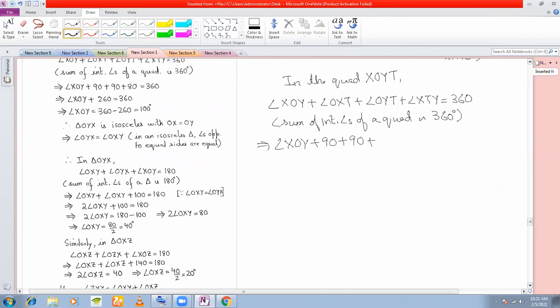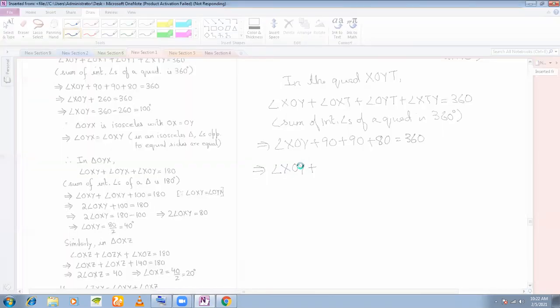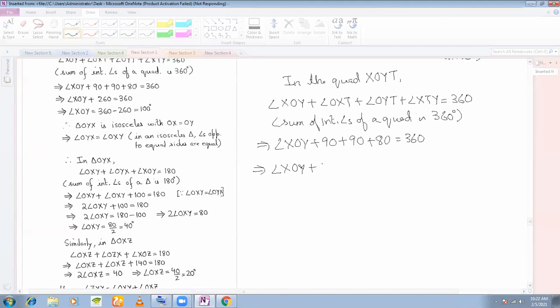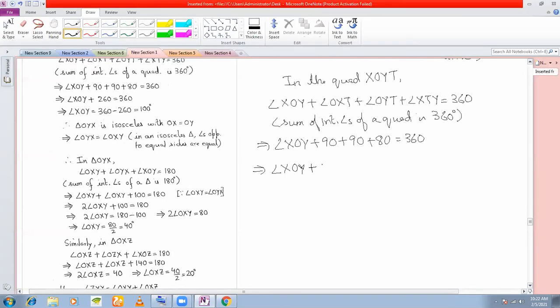So this is 90, 90, and this XTY is 80, which is 360. Therefore, angle XOY plus 180 plus 80, which is 260, is equal to 360.